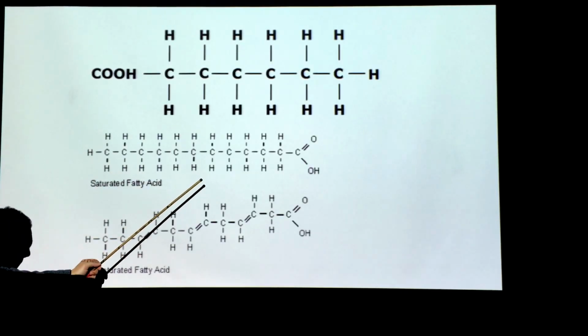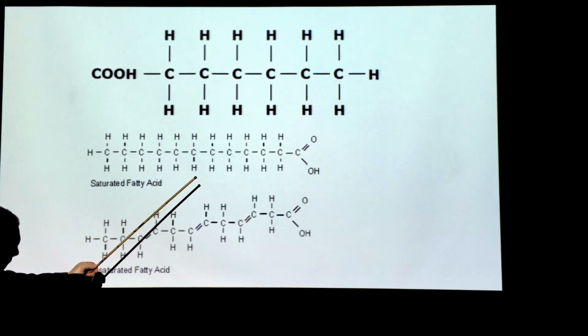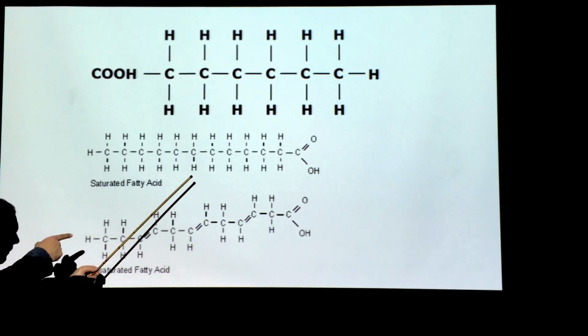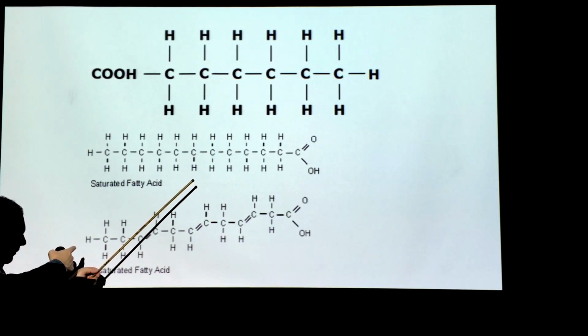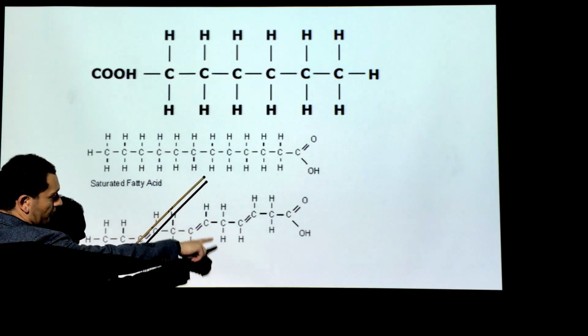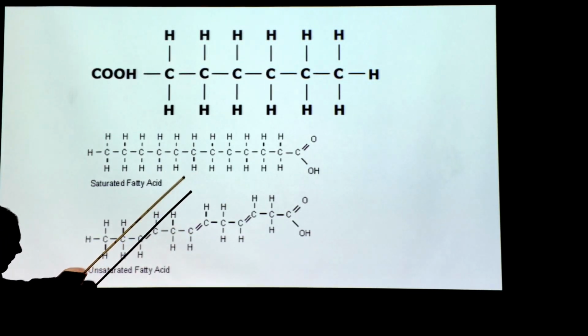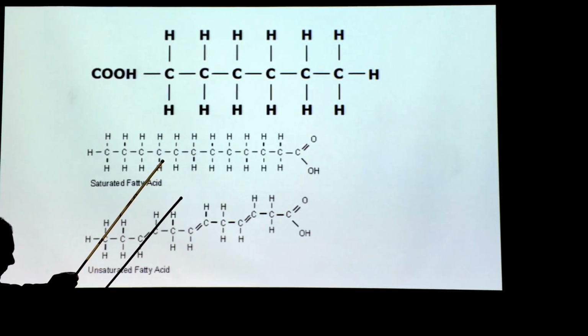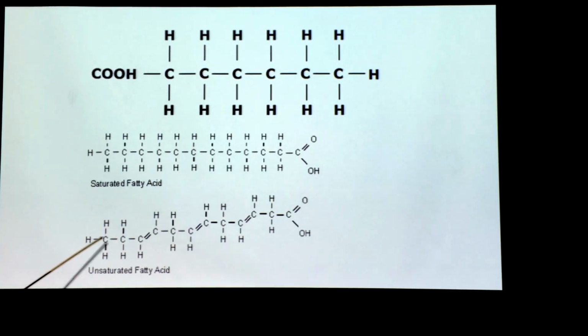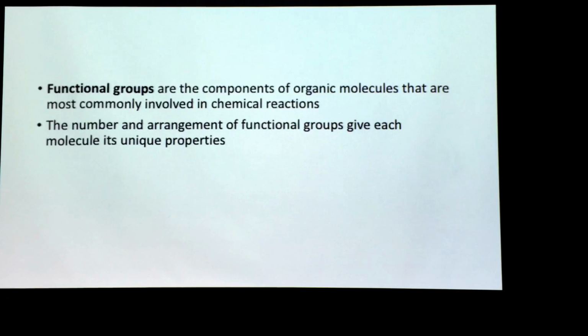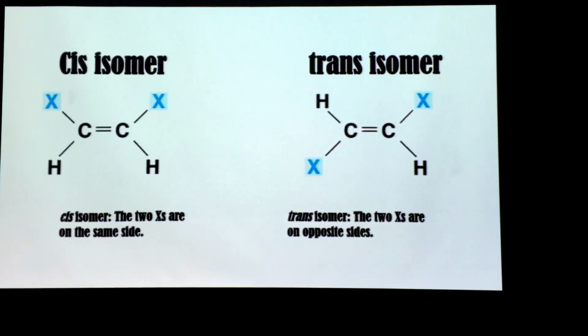However, like in this example, if this side of the chain is on one side of the line and the rest of the chain crosses the double bond, or crosses this line, that would make this fatty acid a trans fatty acid, because it has crossed the double bond, like in this example.